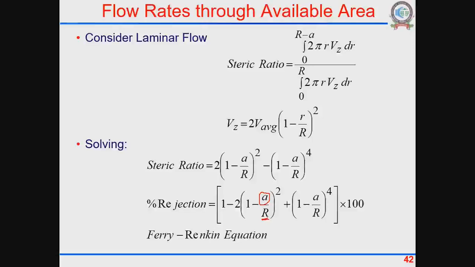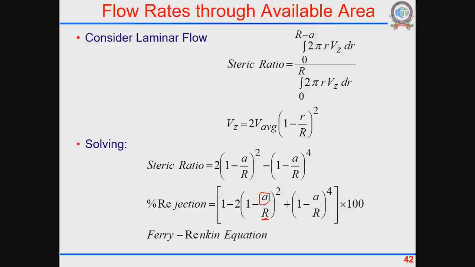No solute will go from the feed side to the permeate side. Whereas if the solute is very small in size as compared to the radius of the pore, rejection will be practically zero because this number will be practically zero. So it will have 1 minus 1, 1 minus 2 times 1 plus 1, you will have rejection practically being 0.